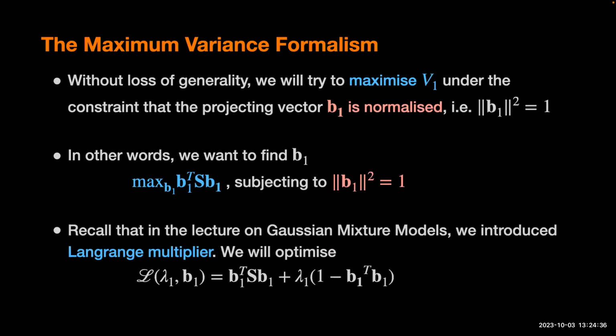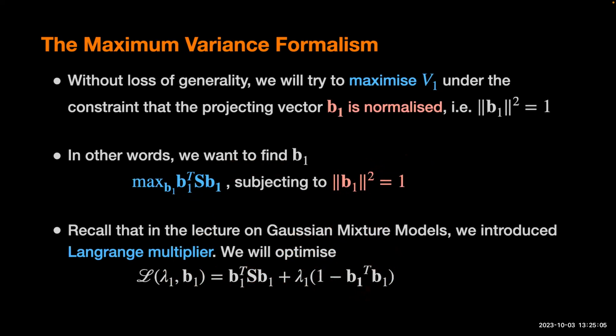This constraint can be written as 1 minus the Euclidean norm, which is b_1 transpose b_1, equal to 0. So in the Lagrange multiplier, you extend this with an auxiliary variable lambda_1, and then you want to optimize this term with respect to b_1 and lambda_1.